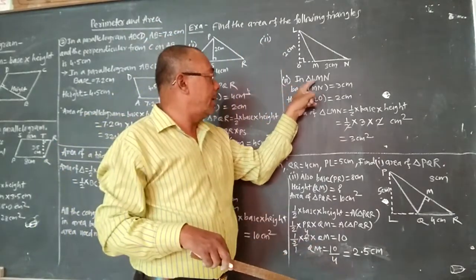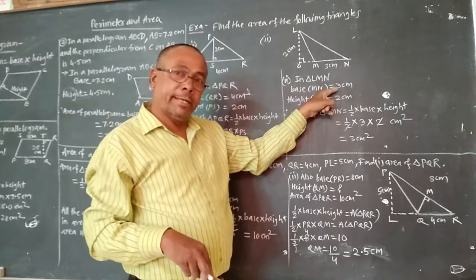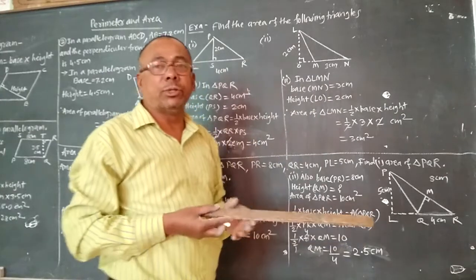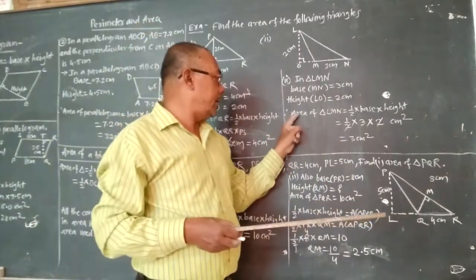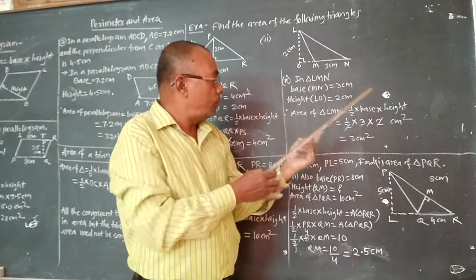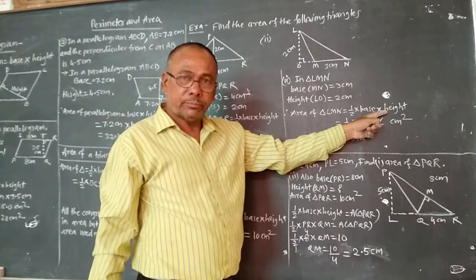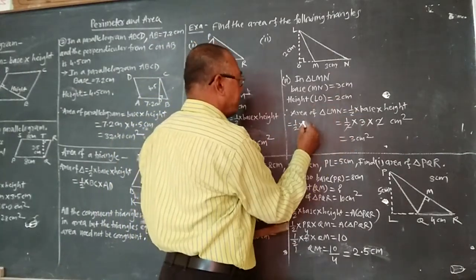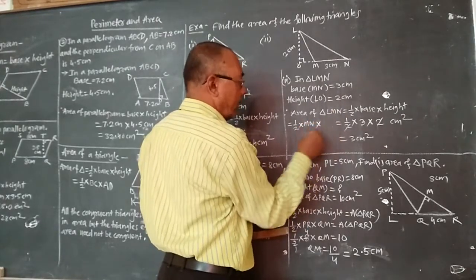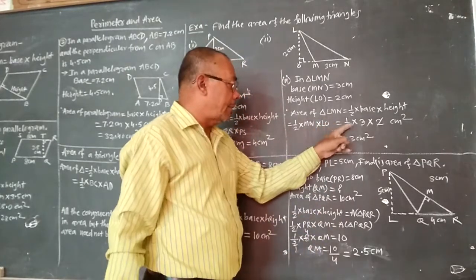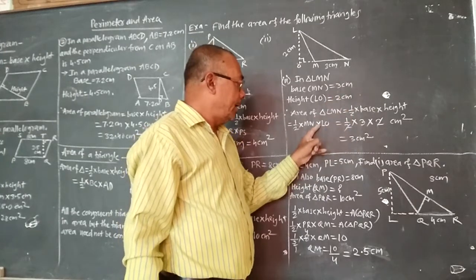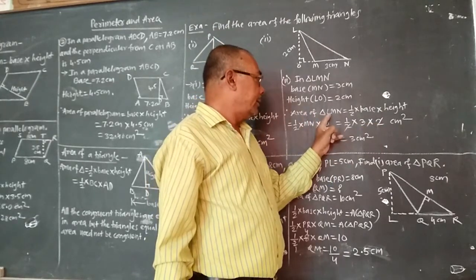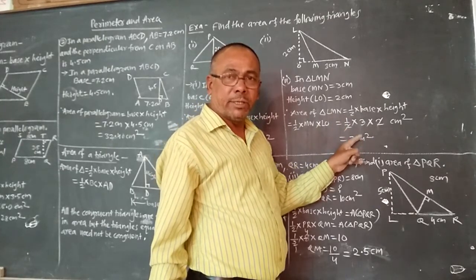So in triangle LMN, base MN is equal to 3 centimeter, height LO is equal to 2 centimeter, and now we will substitute these values in the formula, that is area of triangle LMN is equal to 1/2 into base MN into height LO, that is 1/2 into 3 into 2, again 2 will get cancelled, and our answer, the area of triangle LMN, is equal to 3 centimeter square.